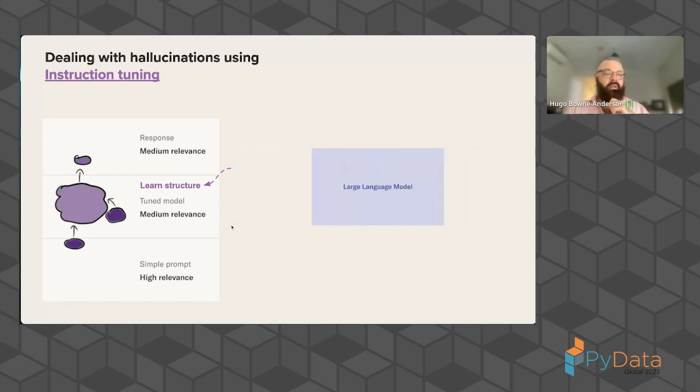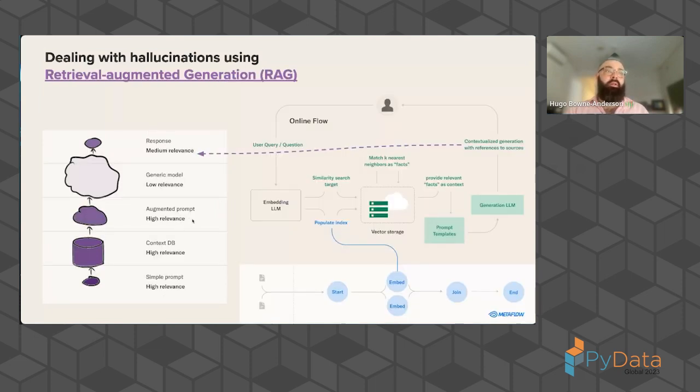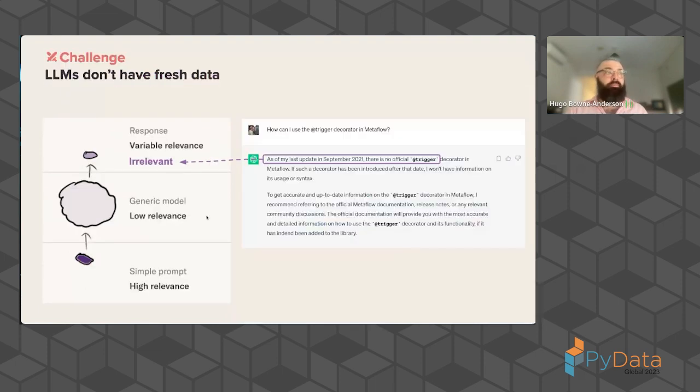Compared to the size of pre-training data sets, this can drastically narrow the model scope and lead it to generate far more relevant responses, which is super cool. The other way that I already mentioned is using retrieval augmented generation.